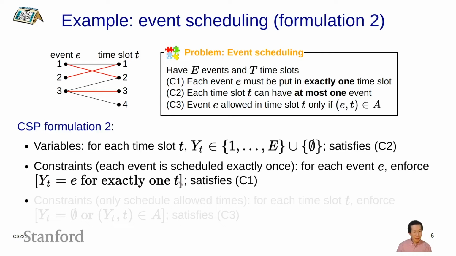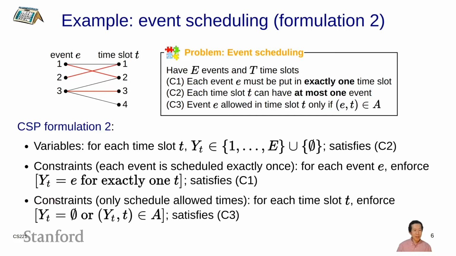So what this is saying is that this factor looks at all y_1 through y_T and checks that y_t equals e for exactly one of the possible t's. So this will check the box for C1.